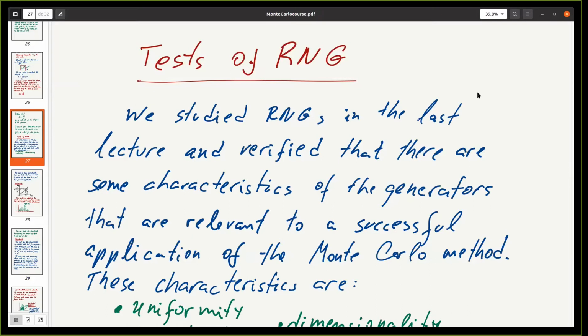In the last class, we had random number generators and their main features that are important to take into account when we decide which random number generator we will choose for our application.